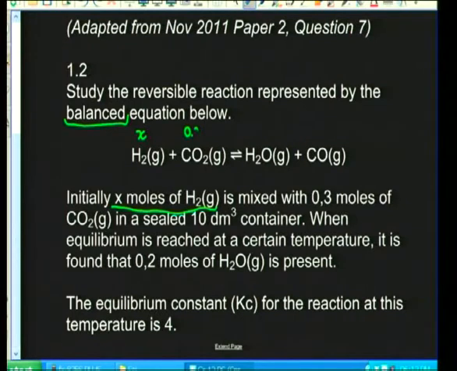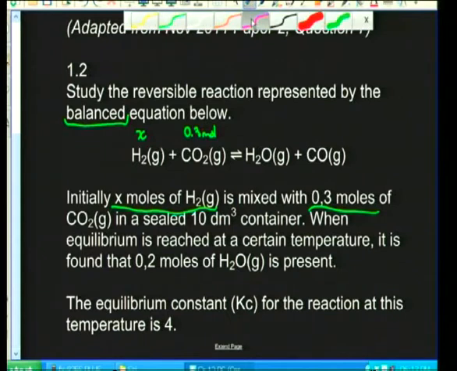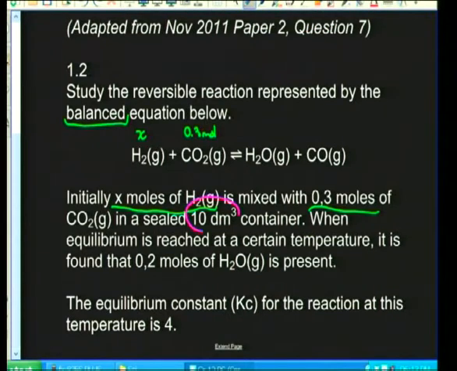And I'm just going to jot these figures down. 0.3 moles of carbon dioxide is mixed in a sealed 10 cubic decimeter container. Now that 10 cubic decimeter is vitally important. It is a volume of 10 dm cubed.